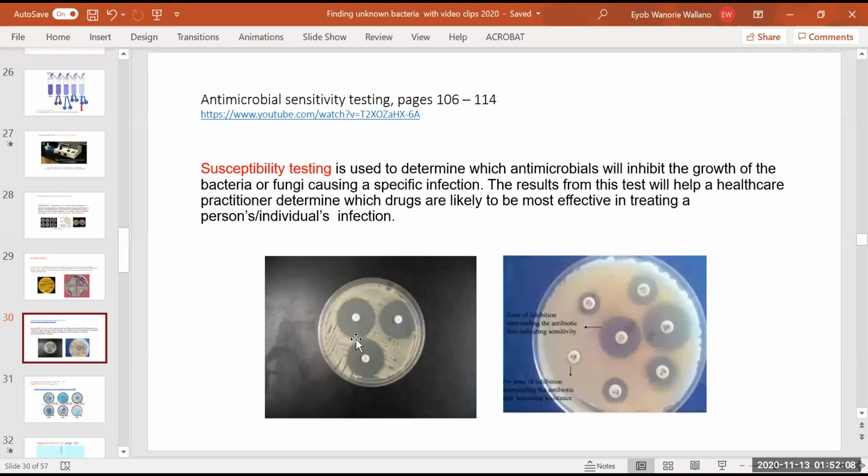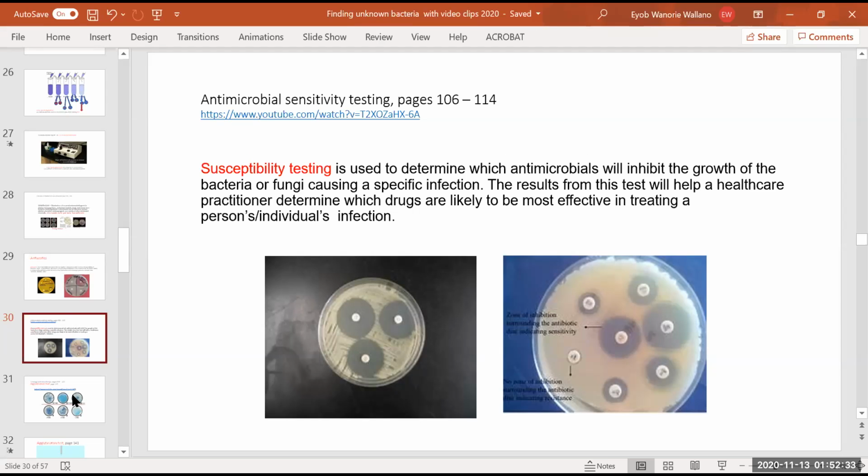When you find it is a staphylococcus, a streptococcus, or a bacillus group, by gram staining or by spore forming, and you found it is bacillus, then how sensitive is that bacillus to this kind of antibiotics? That is why we need to do susceptibility. It's a very interesting subject, really.